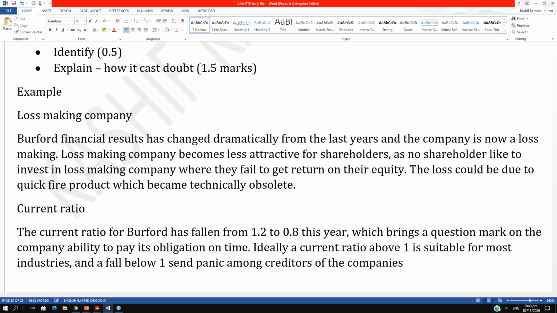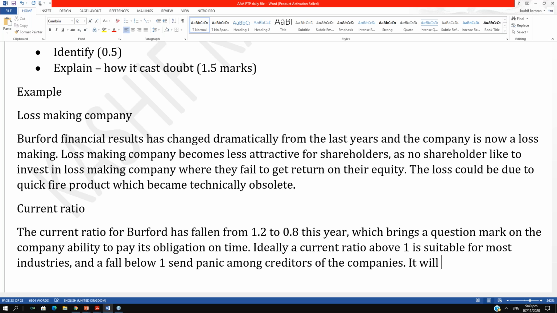Will the creditors be in panic that the company's current ratio has fallen below 1? Will they be concerned about their liabilities?